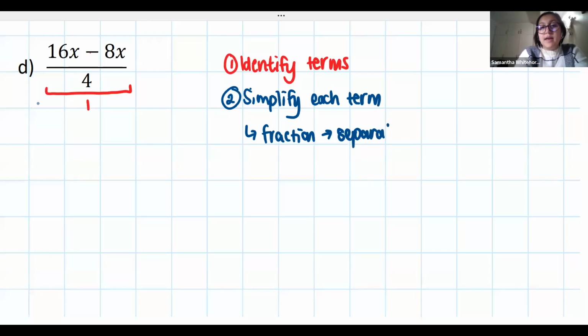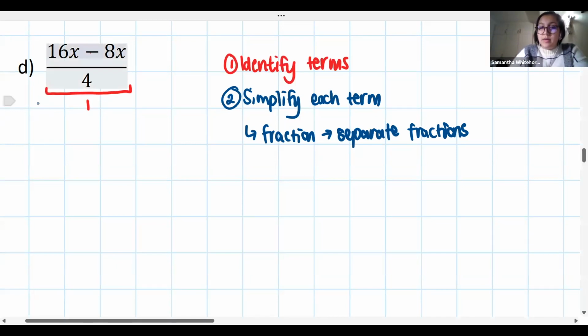When we've got two or more terms sitting in our numerator all over one denominator, there is a common denominator. So we can split our fraction and both terms in our numerator are over 4. This way will work for any fraction.